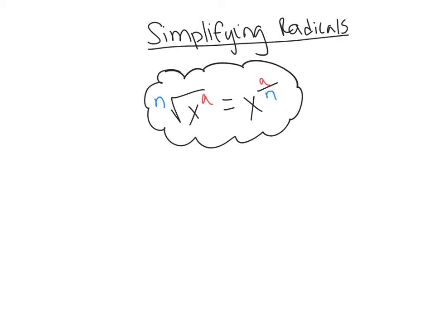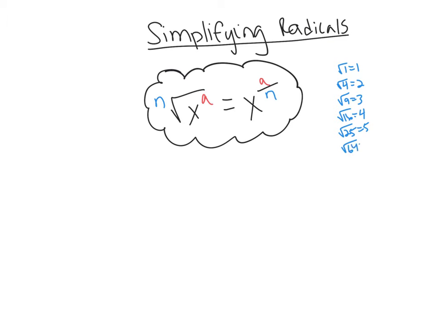Since we're simplifying roots, why don't I refresh your memory on some common square roots and cube roots. The square root of 1 is 1. Square root of 4 is 2. Square root of 9 is 3. Square root of 16 is 4. Square root of 25 is 5.